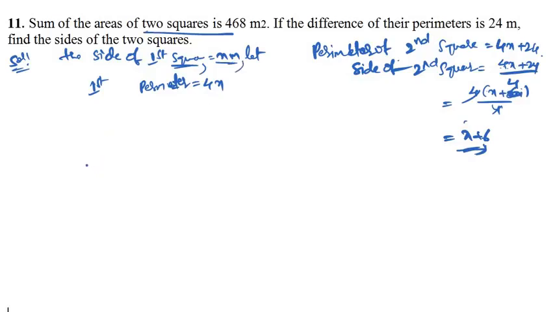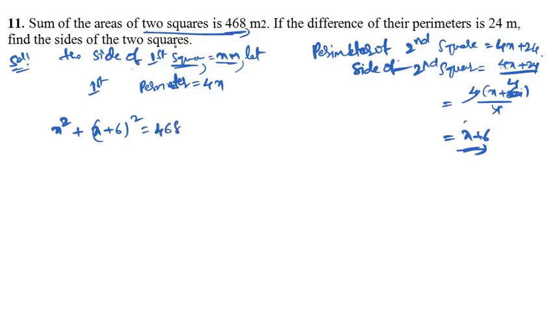Okay, from this, the sum of the areas of the two squares is given as 468 meter square. The sum of the areas means the first square's area plus the second square's area is equal to 468.